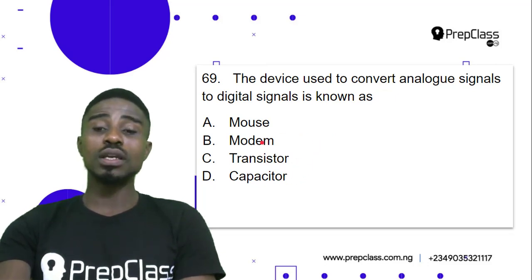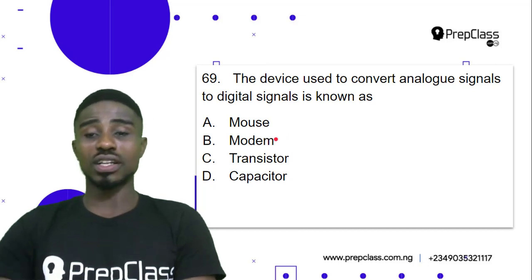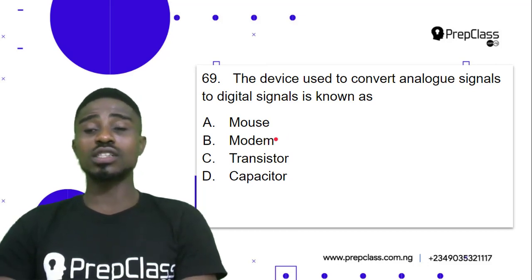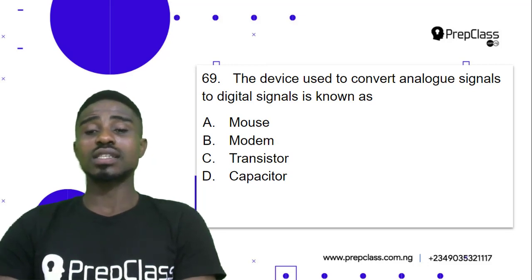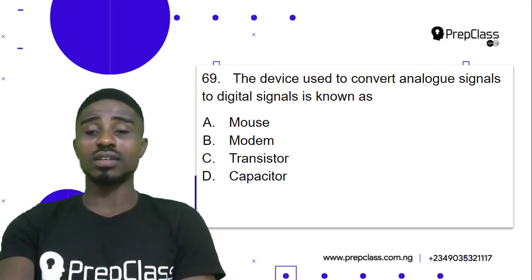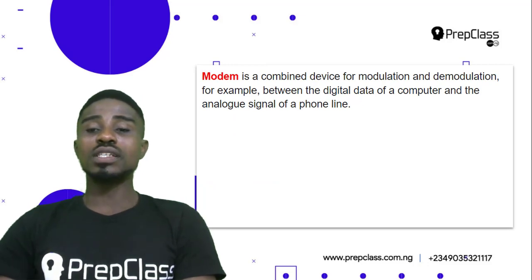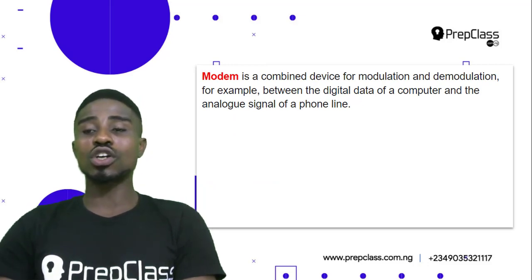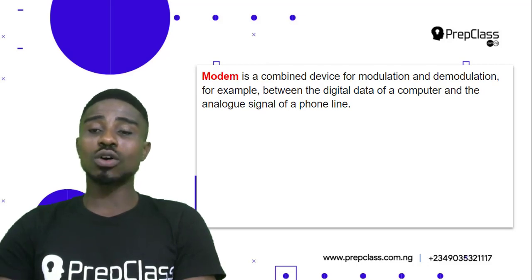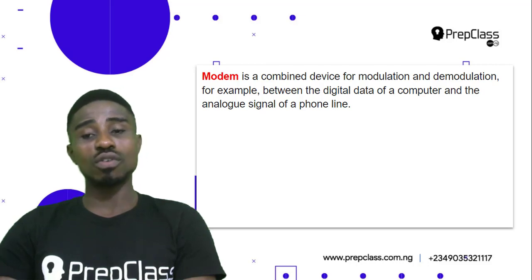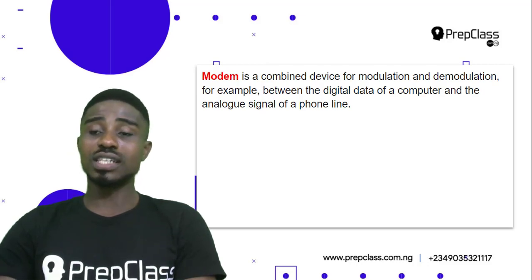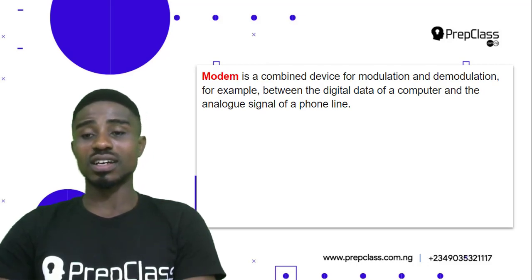So option B, modem, would be our correct answer. We're also going to look at this explanation to give us a better conviction that option B is our correct answer. So a modem is a combined device for modulation and demodulation, for example, between the digital data of a computer and the analog signal of a phone line. So this is our correct answer.